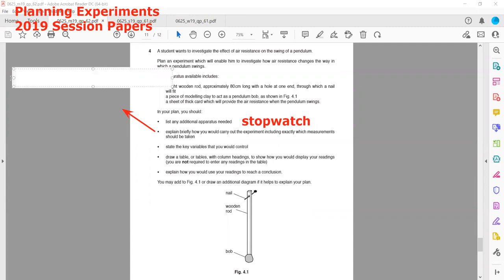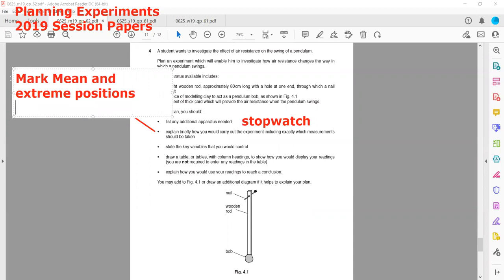Whenever measuring a time period, we will always mark the fiducial points, or the mean and extreme position. That is the first thing. Then we will release the pendulum and place a card.